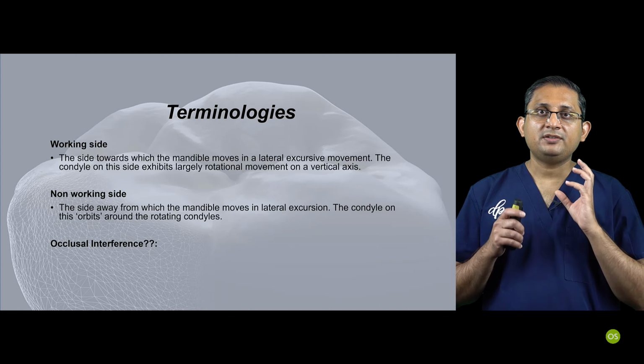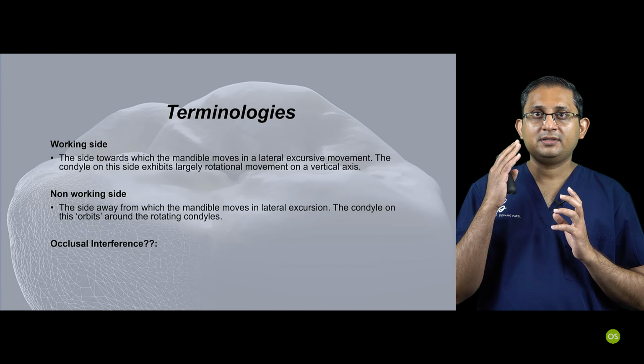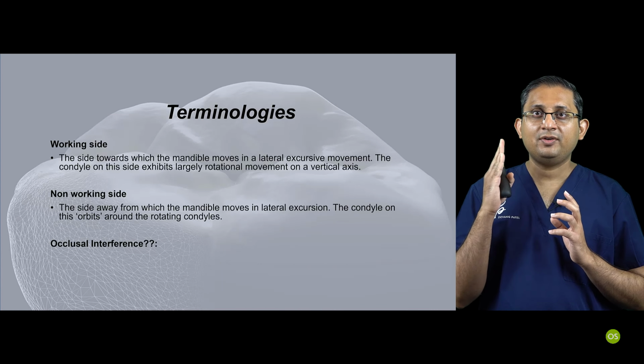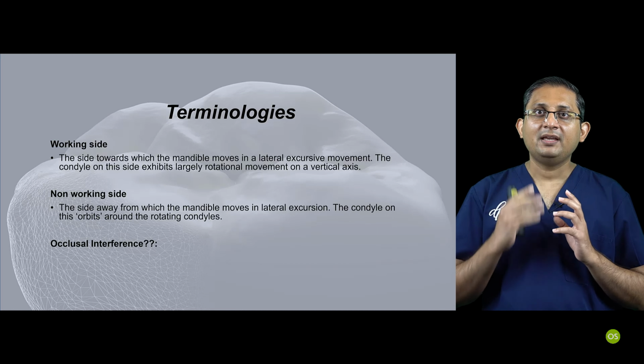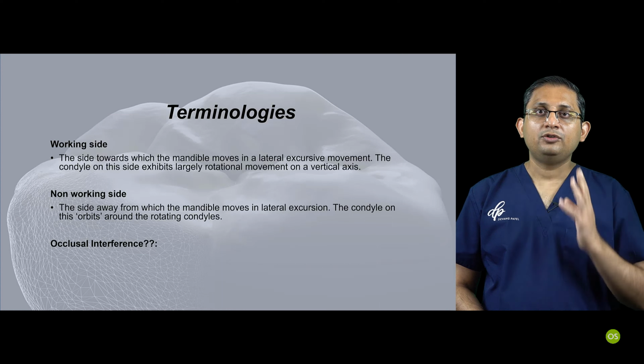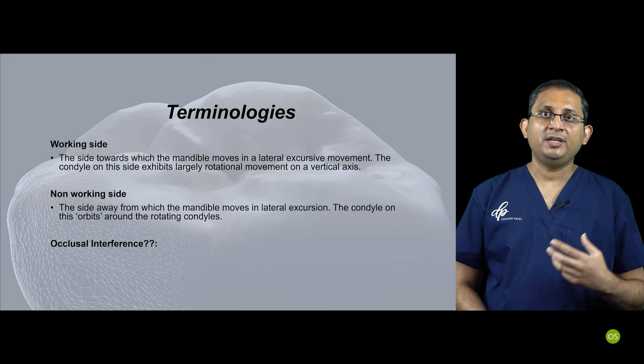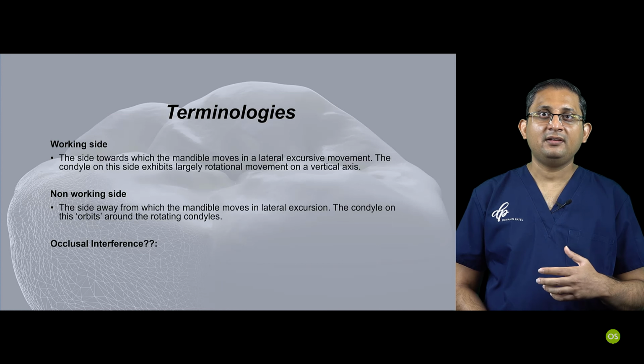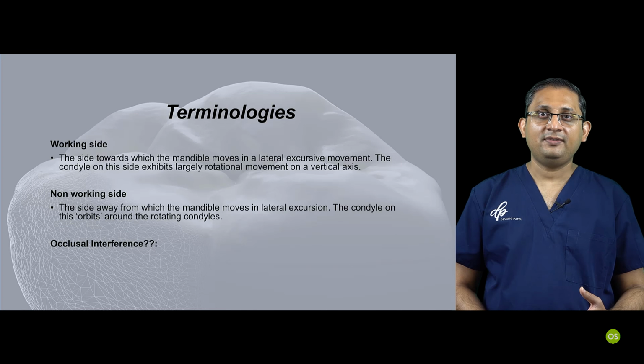Now, when the patient is closing the teeth or moving the jaw laterally on the right hand side, if any contact happens on the left hand side, those contacts are considered to be non-working side contacts, and many people still believe that it's an occlusal interference.